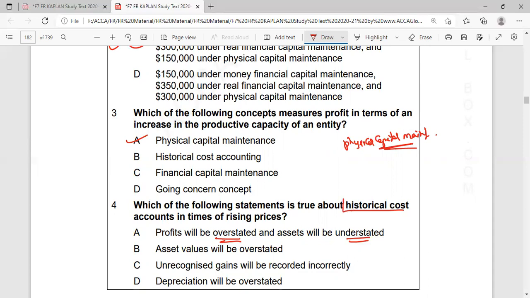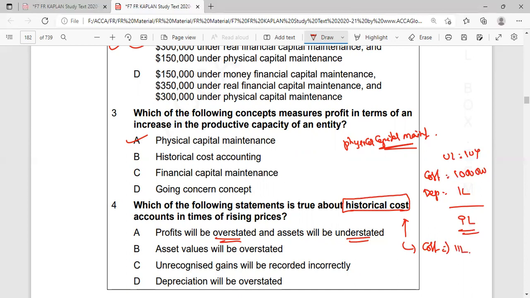Okay. In case of historical cost, for example, the cost of the product is around 10 lakh and the useful life is 10 years. Then depreciation is how much? 1 lakh. Then at the end of the year, it is 9 lakh. The prices are in an increasing trend, so the cost at the end of the year in the market is around 11 lakh.